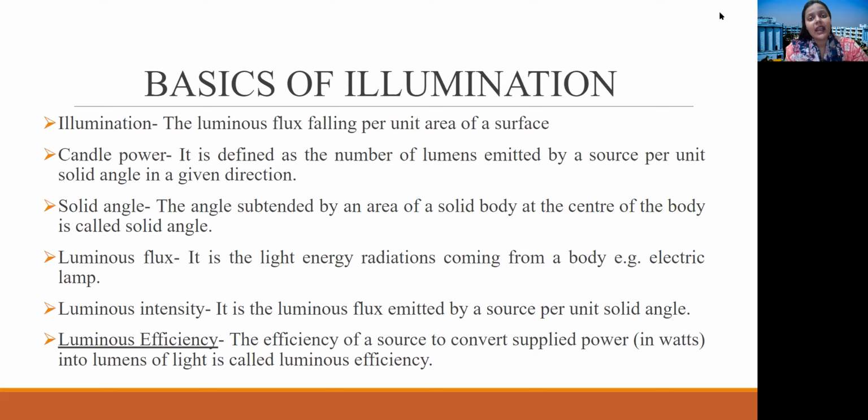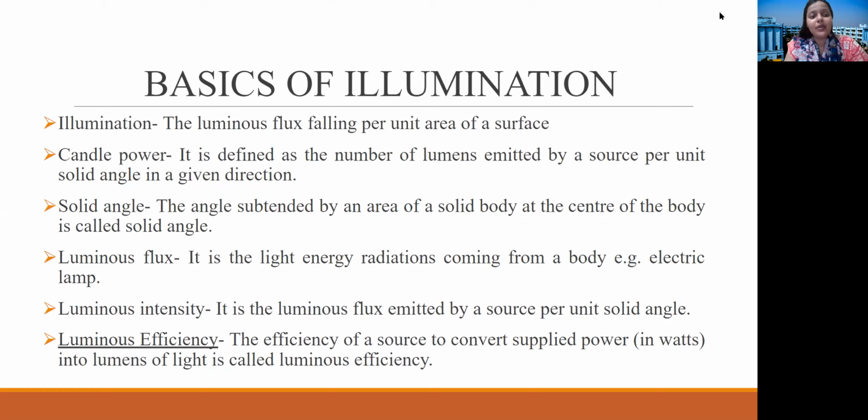Whenever light falls on any surface, that surface is seen by us, and this whole effect is known as illumination. In a separate way, we can define illumination as the luminous flux falling per unit area of a surface.